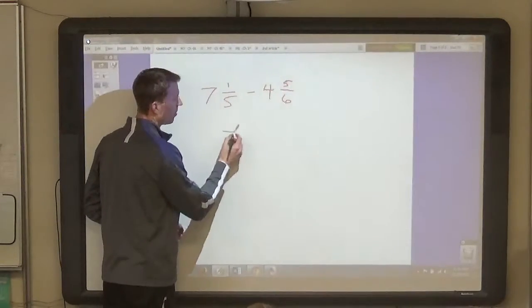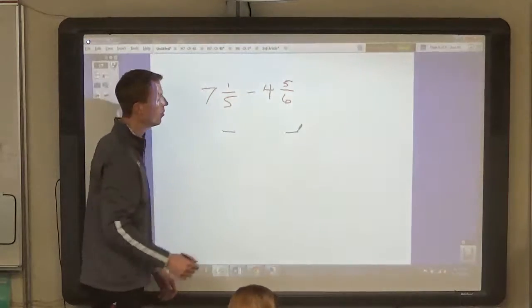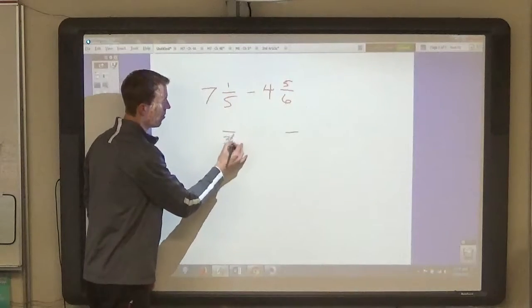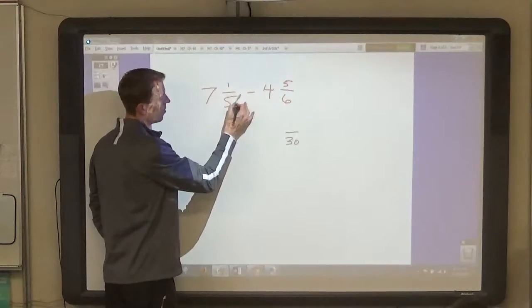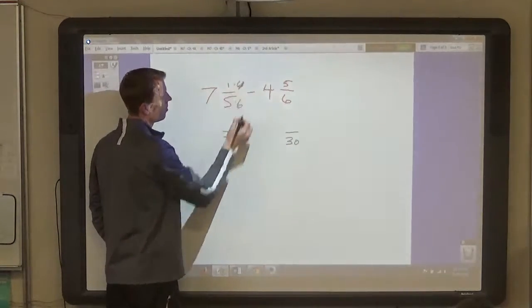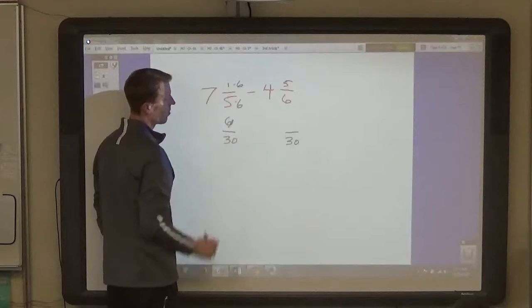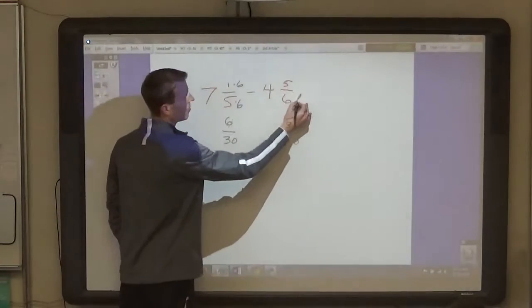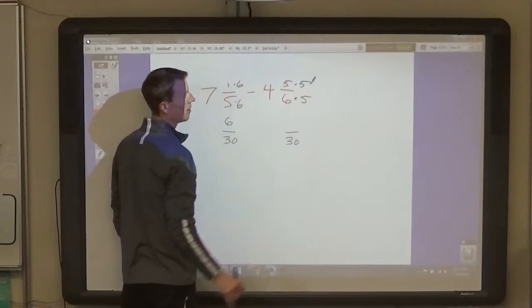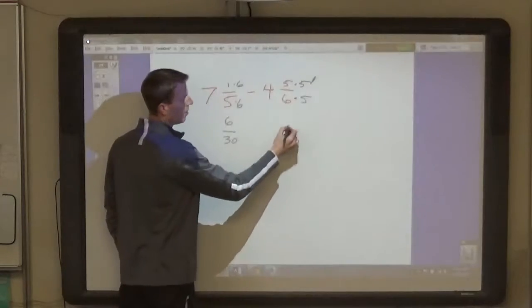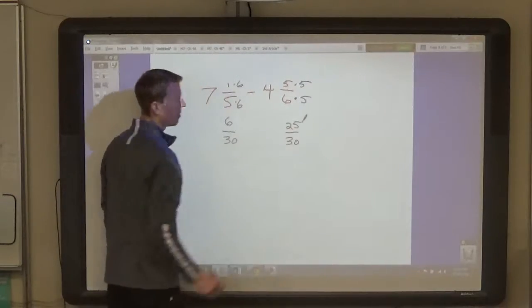So underneath, what common multiple are we going to use? 30. So change this to 6/30. And this is times 5 to get to 30. So 25/30.